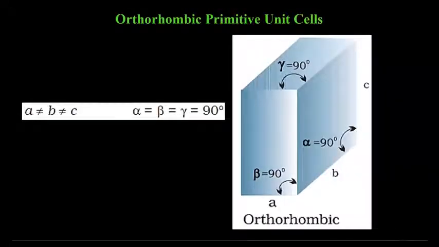Next, orthorhombic primitive unit cell. No side is equal. All angles are 90 degrees. So again, it is a cuboid, but with no sides equal.